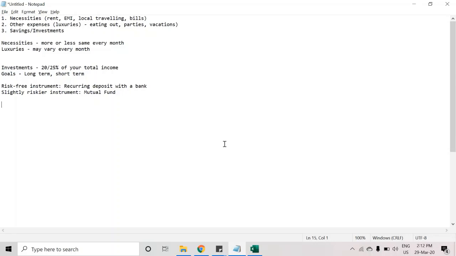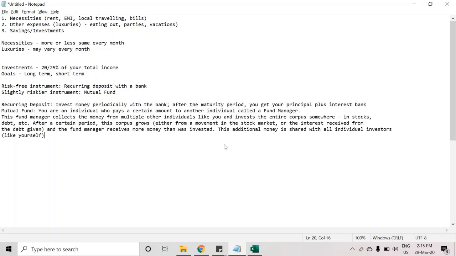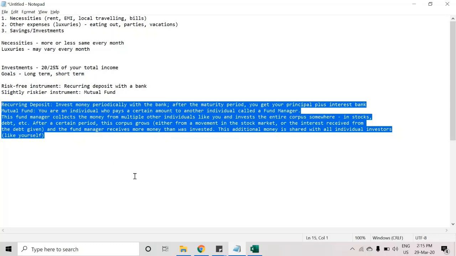Somebody who's invested 1000 rupees in that mutual fund may get 1015 rupees. So, I've just given a brief of what a recurring deposit and a mutual fund does here. You can probably screenshot it and have a look at it later.